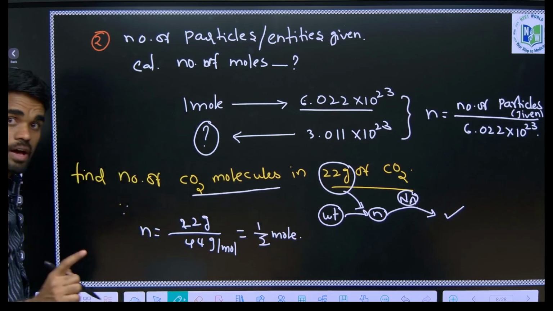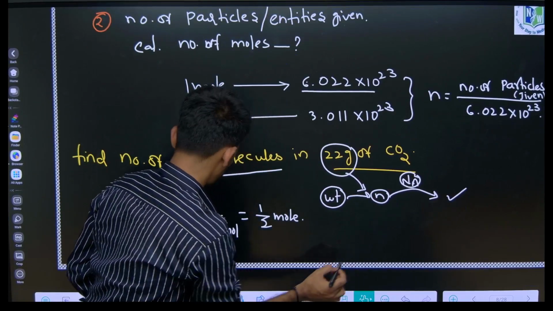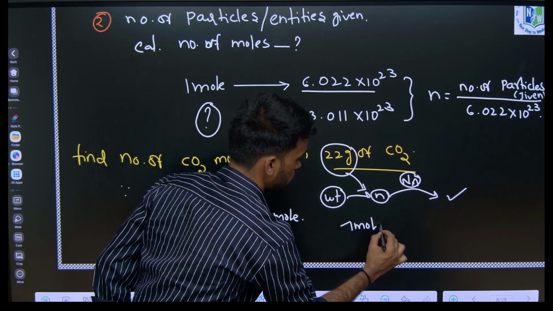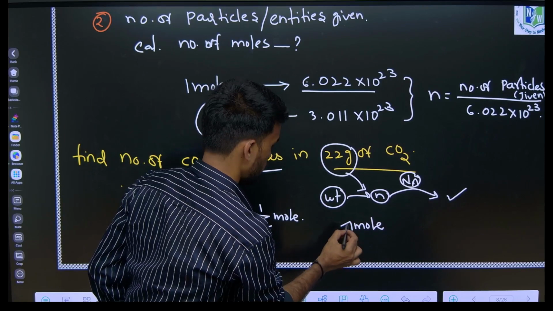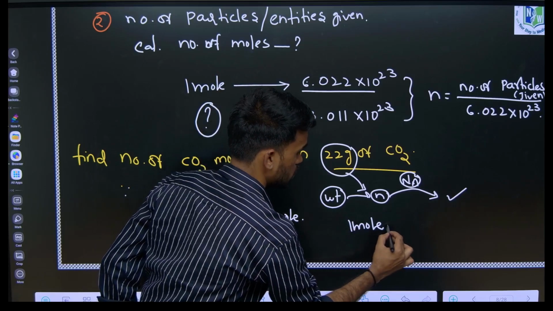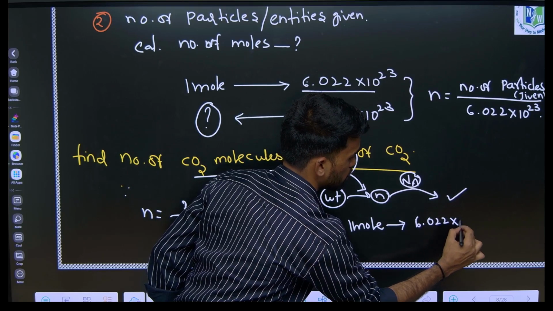Half mole, no? So in half mole, how many particles will be there? We know if it is 1 mole, Avogadro number of particles are there, 6.022 into 10 power 23 particles.